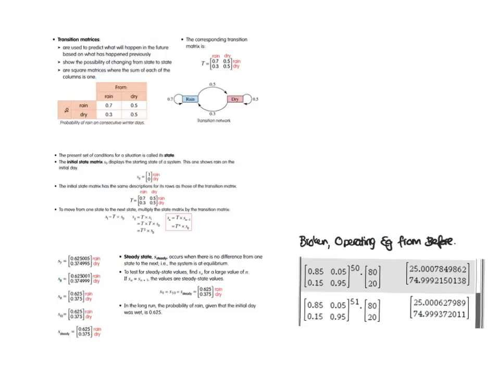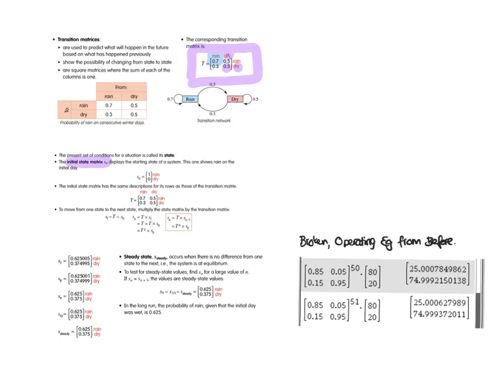Let's go. So here's another little example of transition. They've set up a diagram over here, and they've said if it rains today, the chance it rains tomorrow is 0.7 or 70%. If you look at dry today and dry tomorrow, there's a 50% chance that if it's dry today, it'll be dry tomorrow. So you can see they've set up a transition matrix here, and then you need to get the initial state.